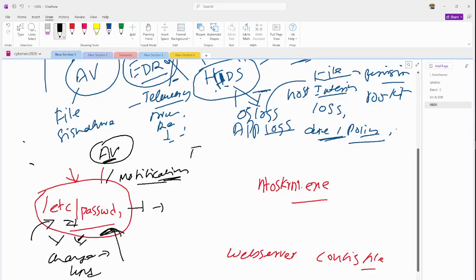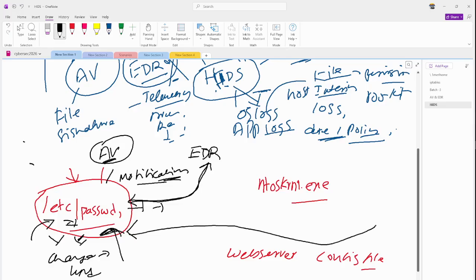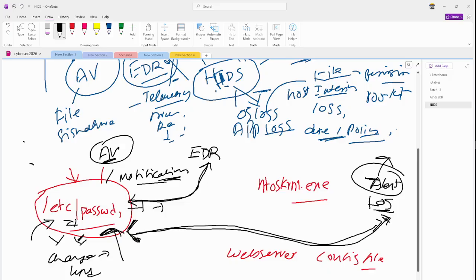So what will EDR do? There is nothing wrong here. You changed the password, so what does it have to do? Now HIDS will see that someone changed the password, and it will alert. Based on that rule, it will generate the alert.